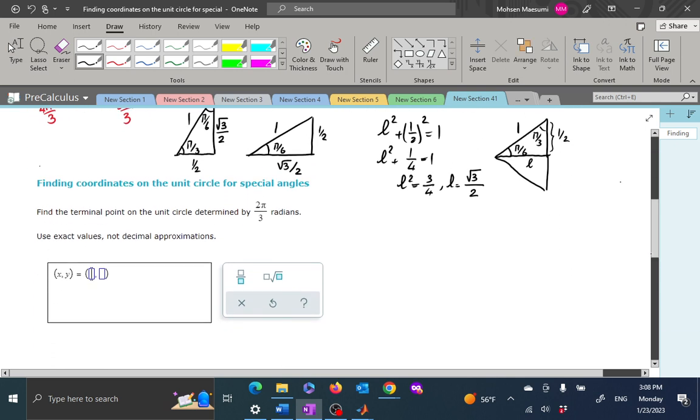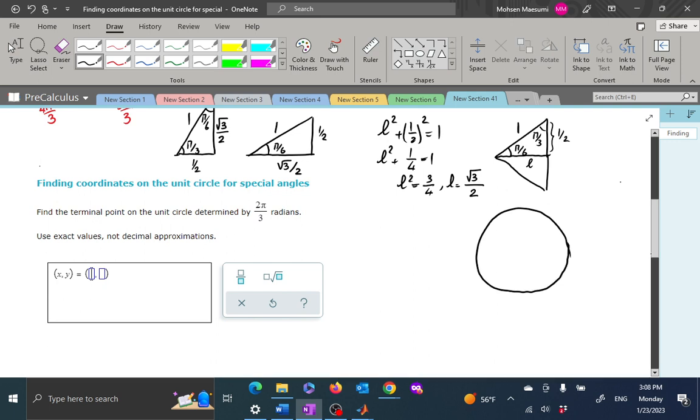So if I go on a circle and stop at pi third here, and I want to know what is my coordinate in this location, I appeal to what we just said, that this quantity is 1/2 and this quantity is radical 3/2. So that means the coordinate of this point is 1/2 and radical 3/2.